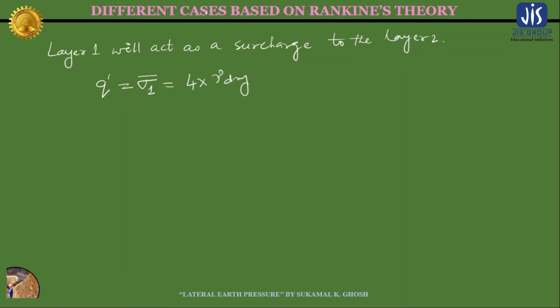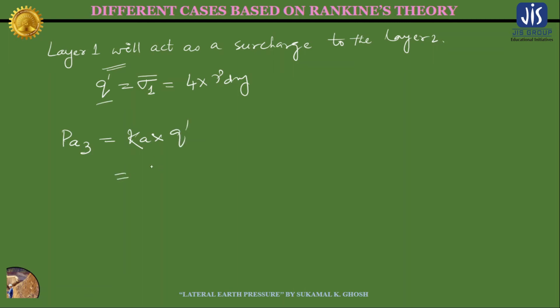Okay, so for this surcharge, meaning for the layer 1 which is acting as a surcharge to the layer 2, the active earth pressure Pa3 is equal to Ka into this Q dash.